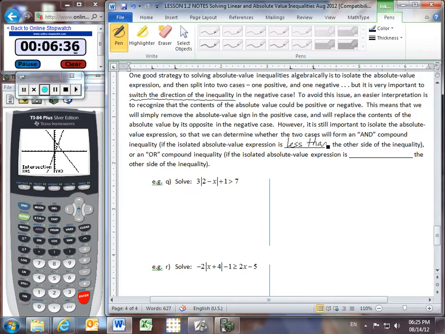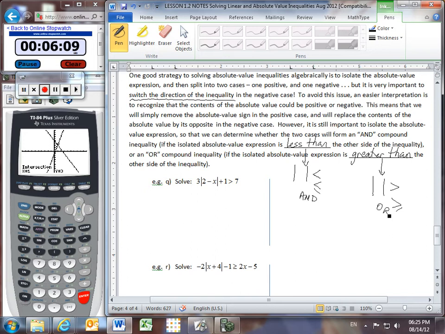And we will get an OR situation if the isolated absolute value expression is greater than. So just to summarize this, less than, we've got the absolute value expression is less than or equal to, and the OR situation is where we've got the absolute value greater than or equal to. So that's an AND, and that's an OR.